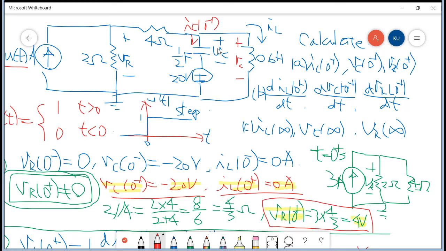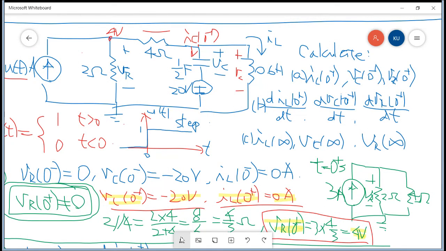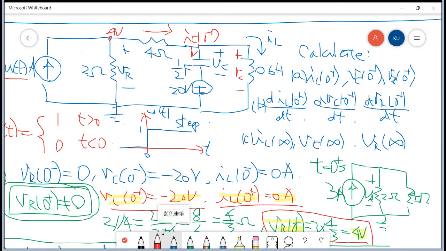So actually we know that VR(0+) is 4 volt. So this node is 4 volt, and this node is 0. So the current going this way should be 1A at t equals 0 plus.